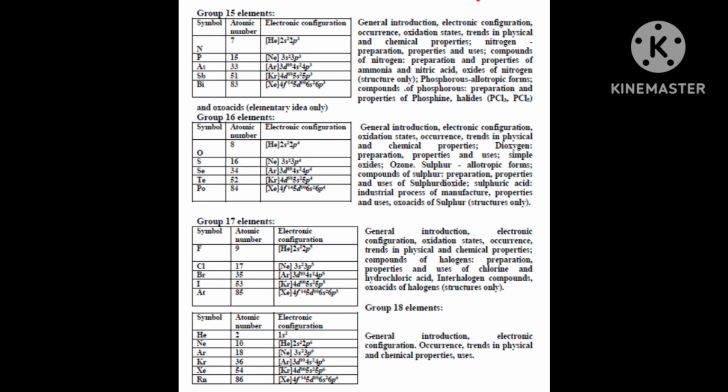Okay, +1 oxidation state is more ionic because it can lose the electron, but +3 means it is difficult to lose the electron. That's why +1 is more ionic.